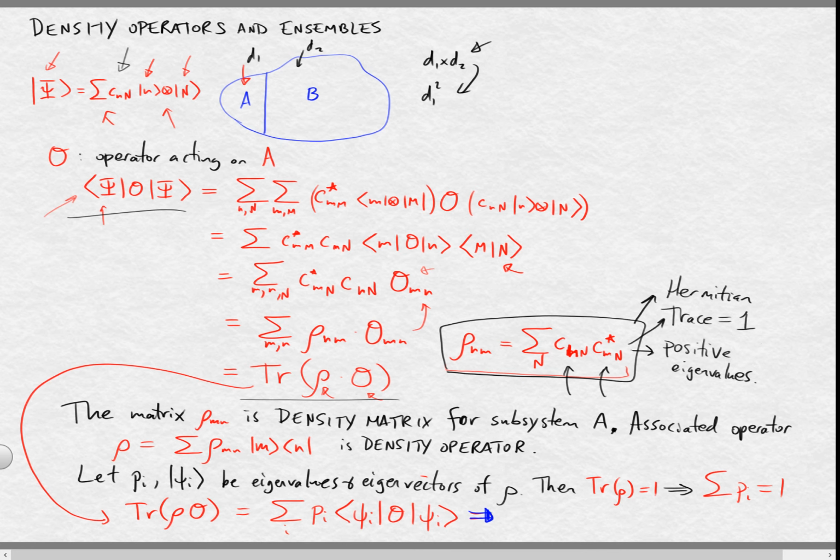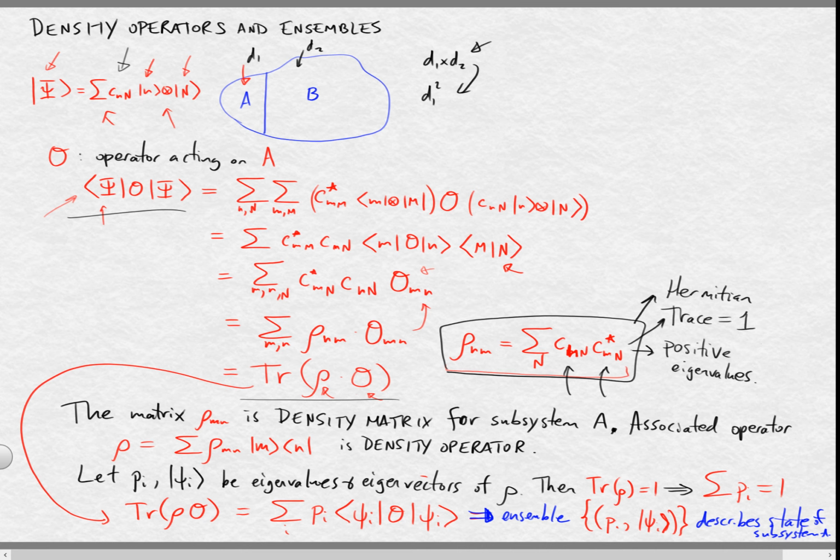So that shows that the ensemble p_i and psi_i describes the state of the subsystem A. Okay, so let's just summarize. We started with a state of a two-part system.